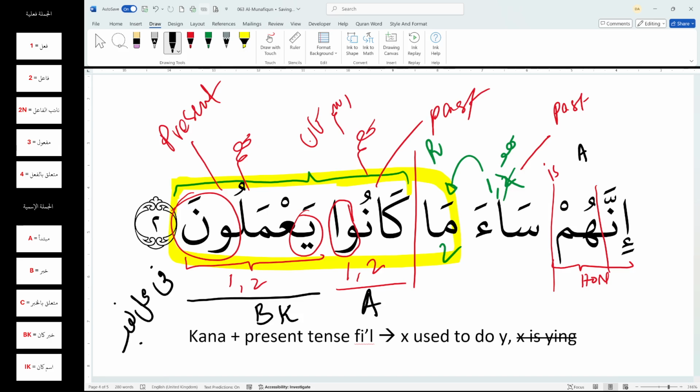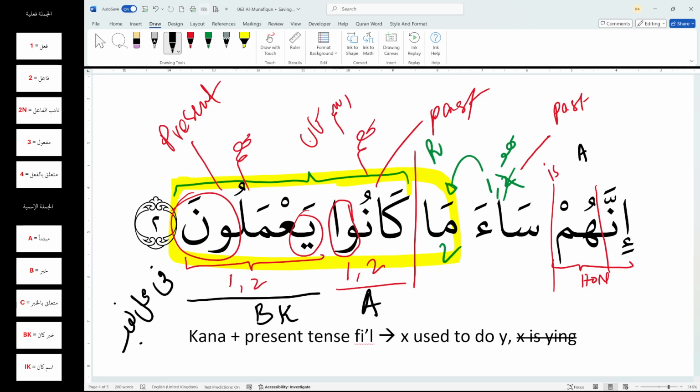So we have hum, which is ism kana, and then we have ya'malun, which is a jumla fi'liya in itself, but it's also fi mahalli nasab, khabar kana. And kanu itself is a mubtada. And all of that is a silatul mawsul. This entire piece, this entire box, is silatul mawsul to ma.